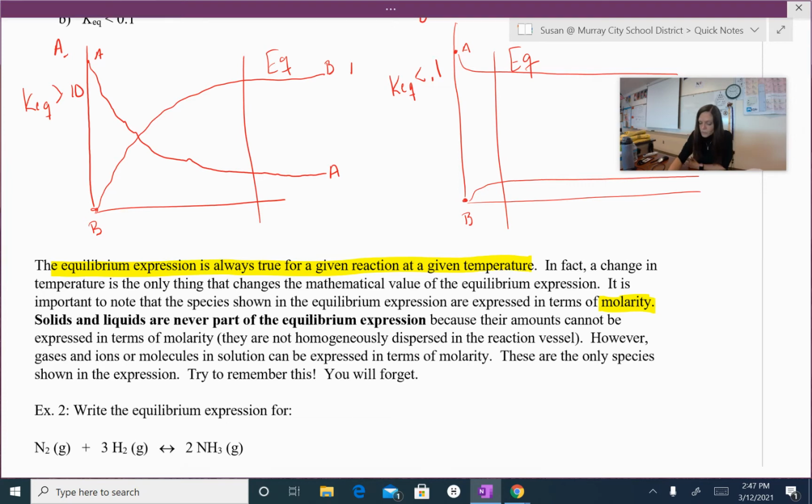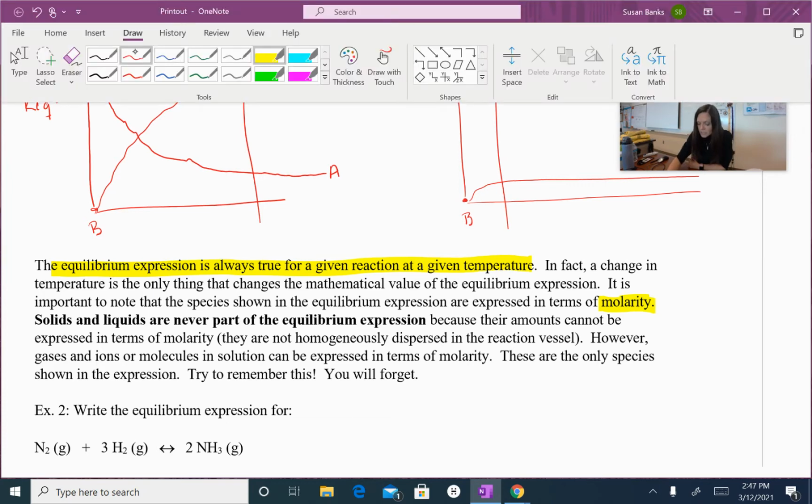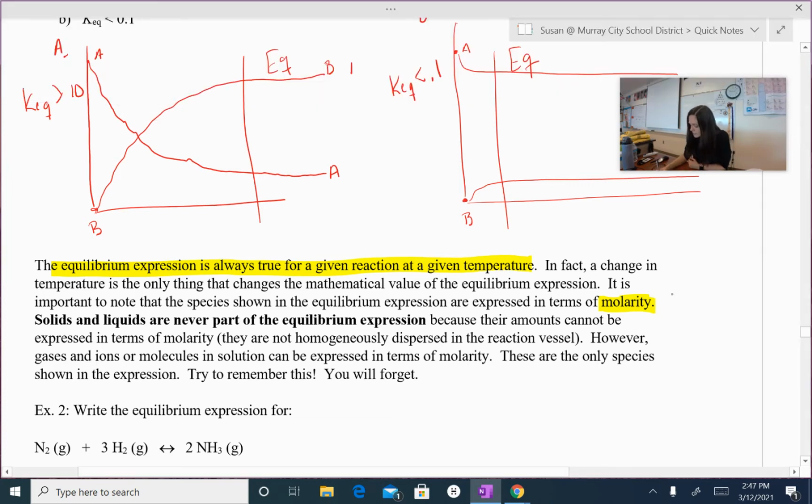So once again, we are going to be doing molarity, which is our big capital M, which is moles per liter. So we have to look at concentrations, and we can only express things in the equilibrium constant expression that can be expressed in concentrations.